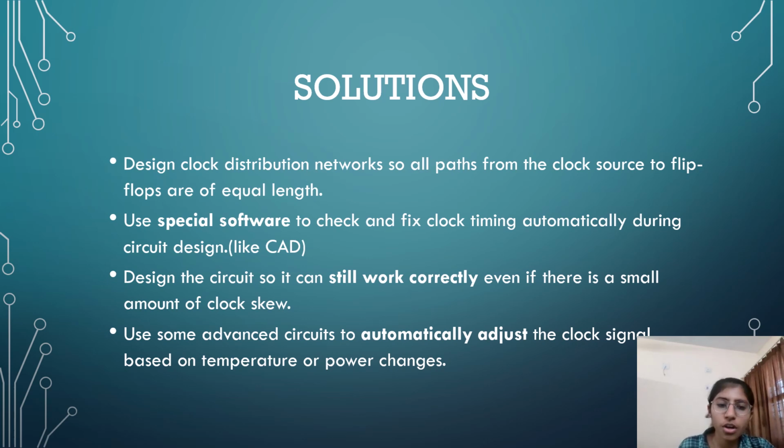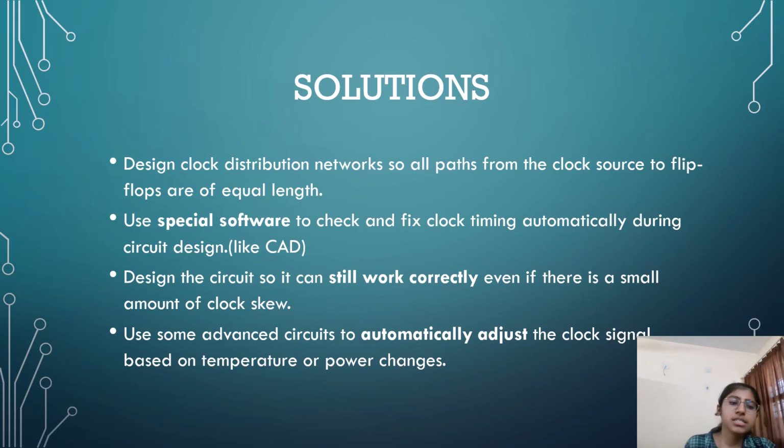First, design the clock distribution network so all paths from the clock source to the flip-flops are of equal length. Second, use special software to check and fix clock timing automatically during circuit design, like we can use CAD and all. Third, design the circuit so it can still work correctly even if there is a small amount of clock skew.